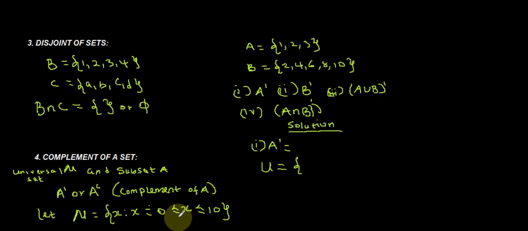Now it's having less than or equal to, meaning x is starting from 0 ending at 10 because of the equality sign. So we have 0, 1, 2, 3, 4, 5, 6, 7, 8, 9 and 10.